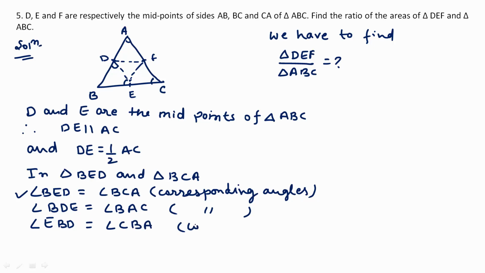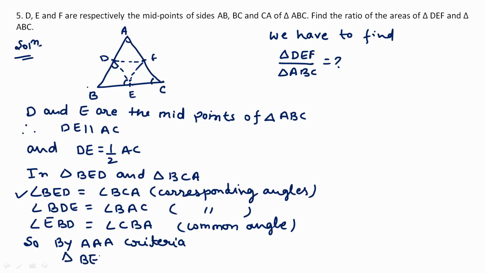This is the common angle. So by the angle criteria, by the triple A criteria, triangle BED is similar to triangle BCA.